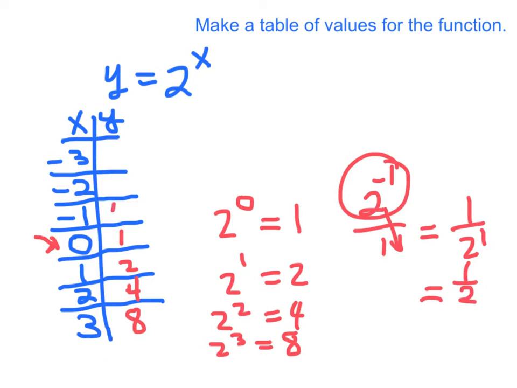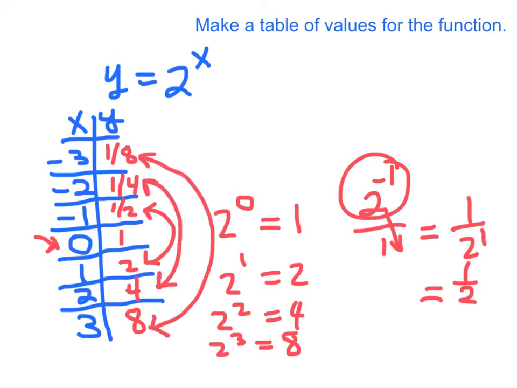So that reminds us that 2 and 1/2 are symmetric, that they're reciprocals. So the next one up will be, instead of 4, it'll be 1/4. And instead of 8, it'll be 1/8. And we have our table of values for y equals 2 to the x. The key is that all of these pairs are reciprocals.